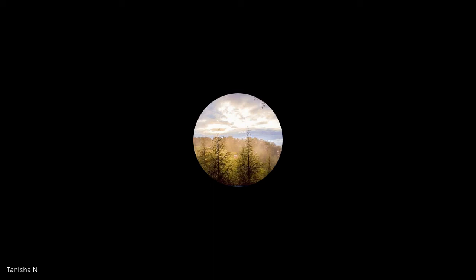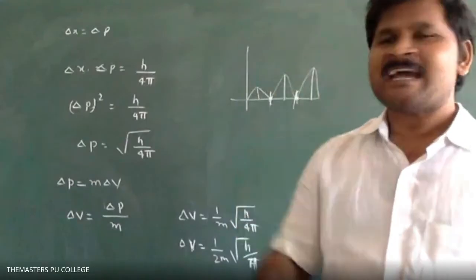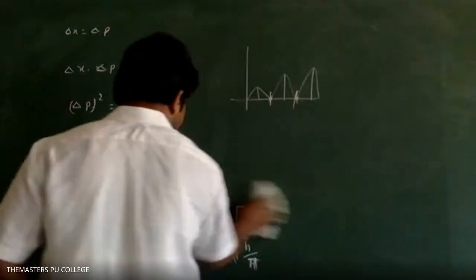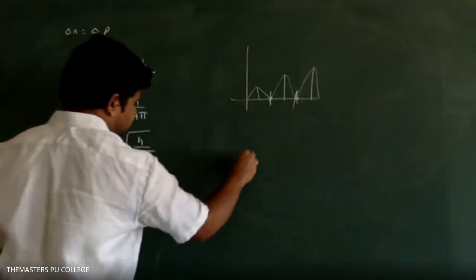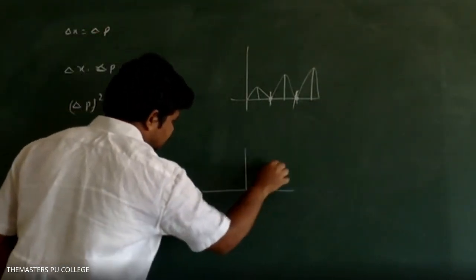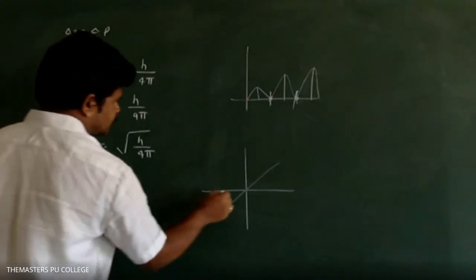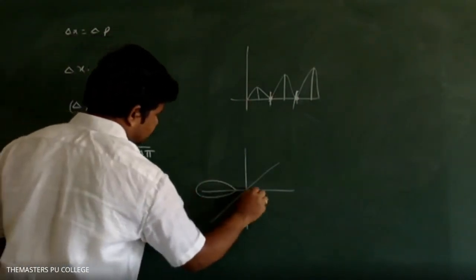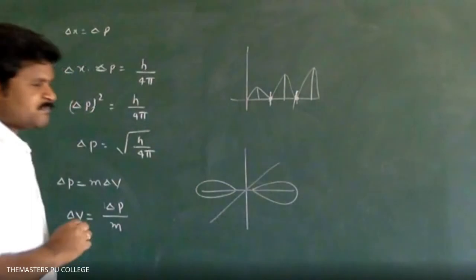Now, where is the nodal plane? Plane means lines we have to take. This is actually a px orbital.